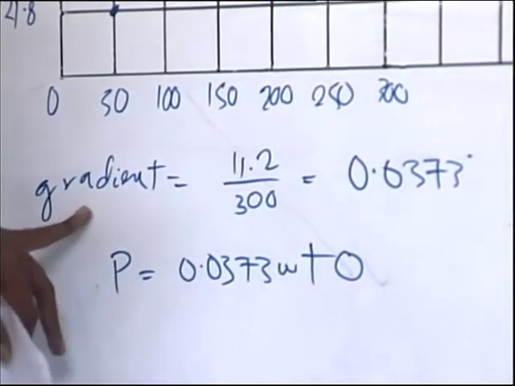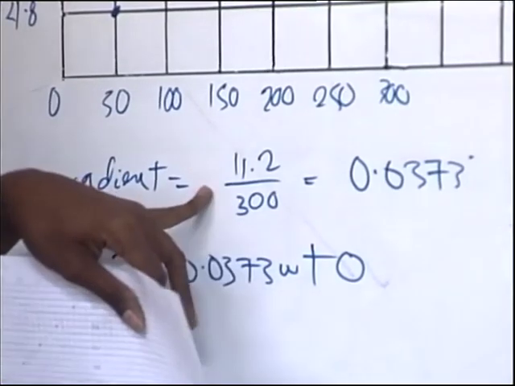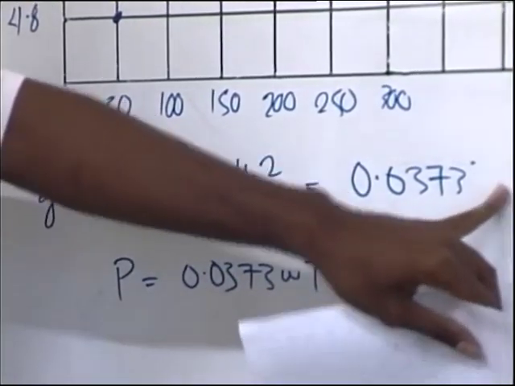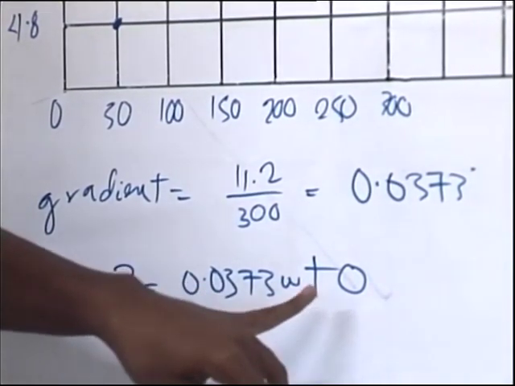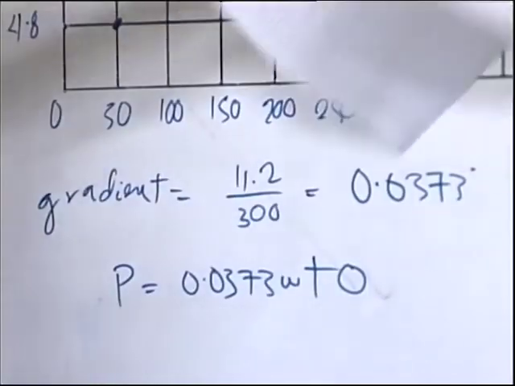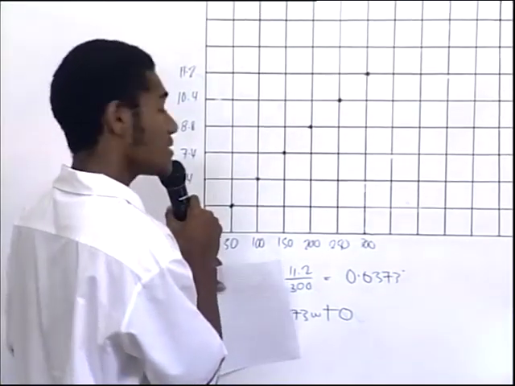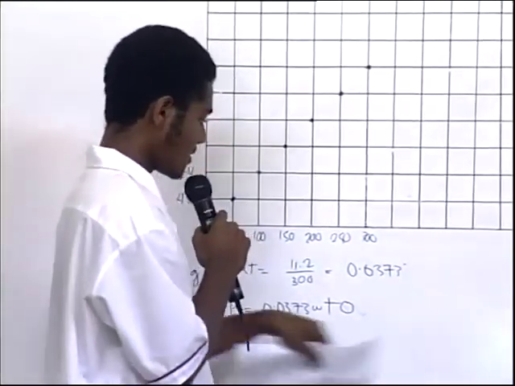This is the gradient, and the gradient is worked out by the rise over the run. As you can see, I worked it out and I got 0.0373 recurring. And this is the gradient, plus c, which is the y-intercept. As you can see, if I draw a line through these points to the 0, it will pass through the point of origin. So that's the question.